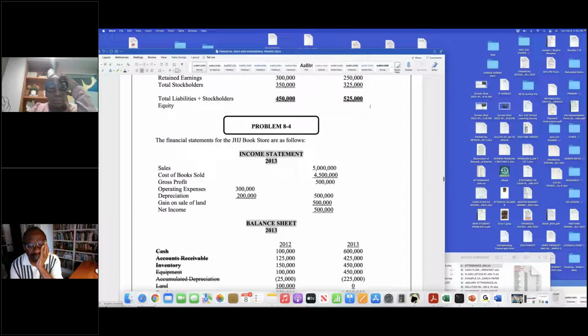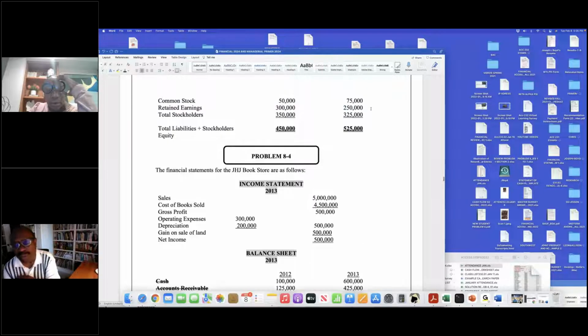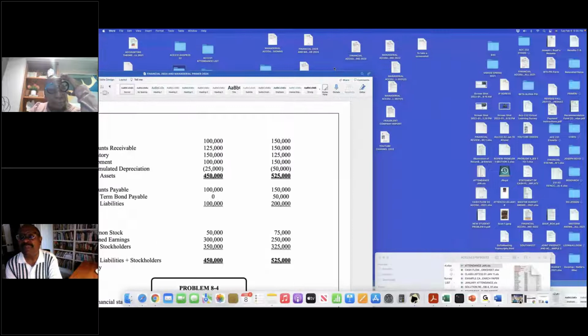No, I don't see it. Does anybody have the Word document with the problems? What's the title? If you keep scrolling down, you do see it. You'll see problem 1, problem 2, problem 3, problem 4, and so forth. You gotta go to the one that says insert at the end.